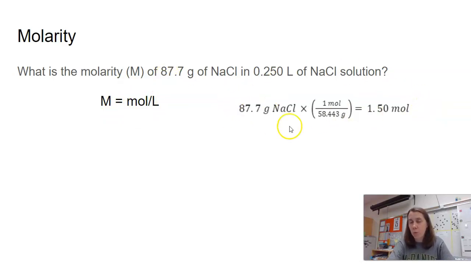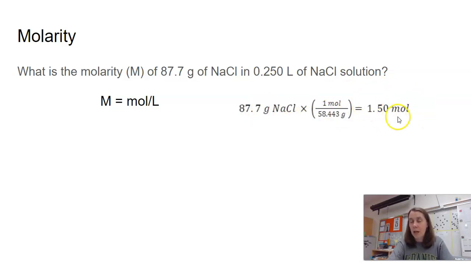This is a review, but NaCl, you would add up the mass of sodium from your periodic table plus the mass of chlorine to get 58.443. That's how many grams of NaCl are in 1 mole.